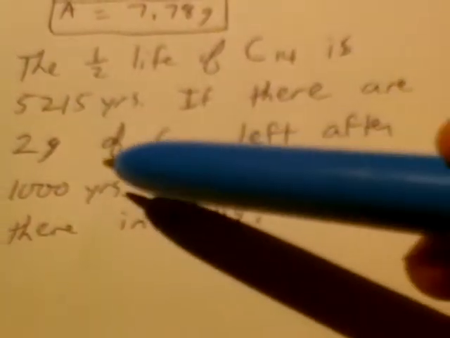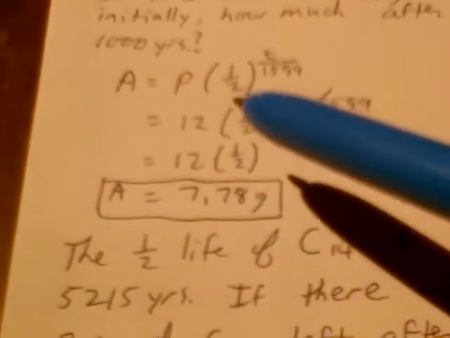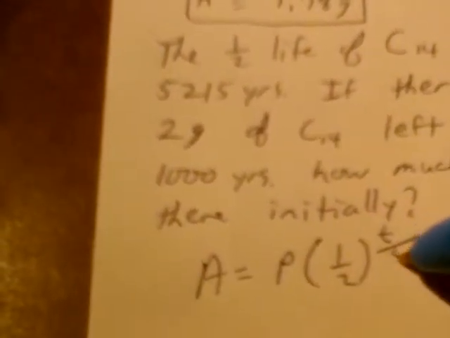So here's kind of the second or third line of the table right here. The half-life of carbon-14 is 5,215 years. If there are 2 grams of carbon-14 left after 1,000 years, how much was there initially? So we just go back to the formula and plug in the stuff. So we have A equals P times 1/2 to the T over, different number this time, 5215.